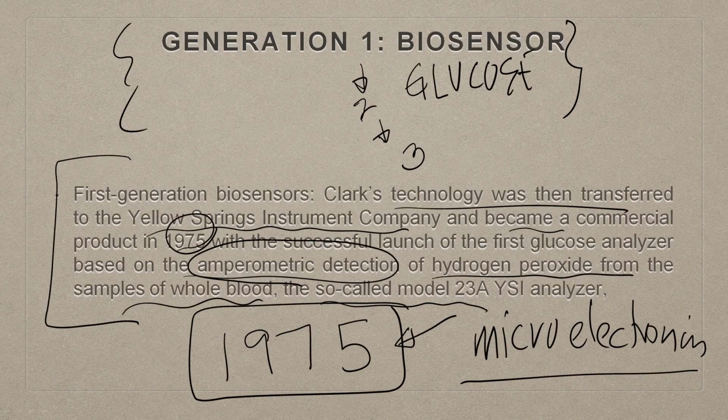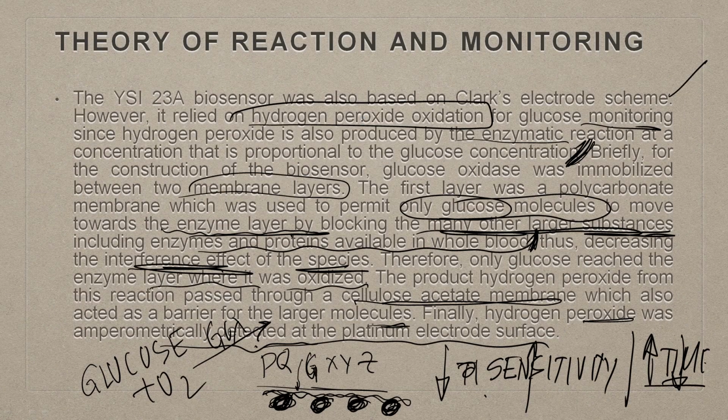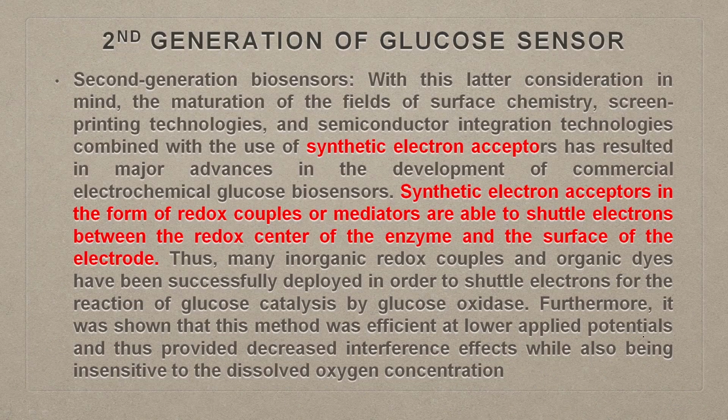Then we talked about the basics of the generation 1 glucose biosensors, then the YSI 23A glucose biosensor from the historical perspective, and the theory of it, and what are the challenges of the first generation biosensors, especially the heavy cost of platinum, and 0.7 volt being a high potential that we are offering to it, leading to degradation of other compounds, which causes interference. Now we move to the second generation of glucose sensors.